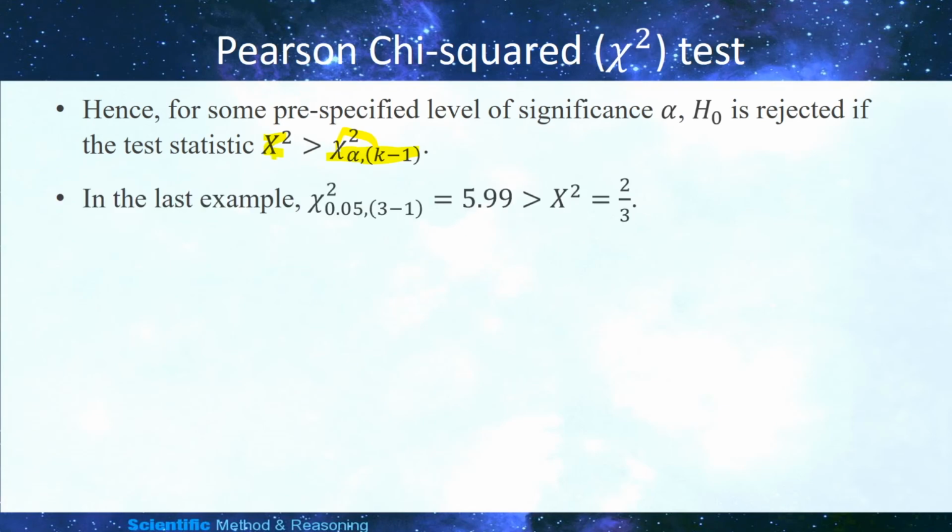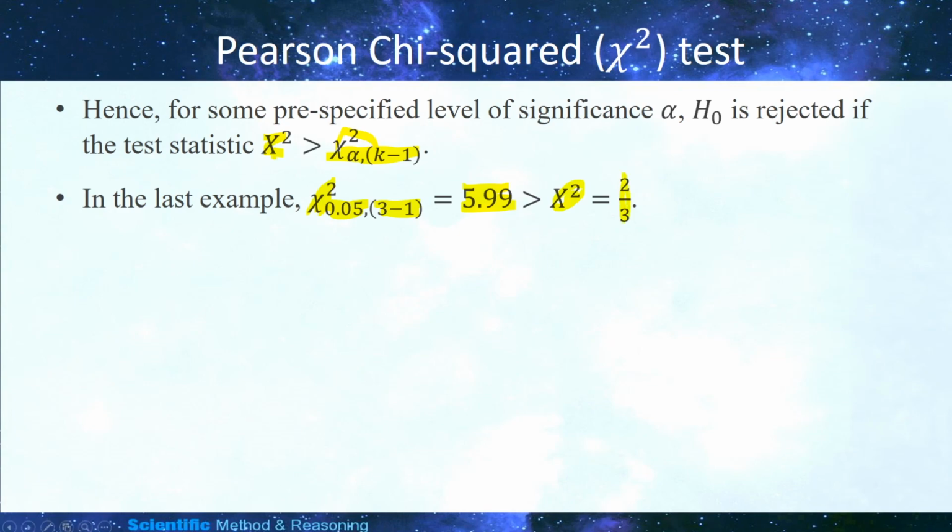In our last example, we have k equals 3. That means we have 2 degrees of freedom in a chi-square distribution with alpha equals 0.05. The critical value is found to be 5.99. It is obvious that the test statistic is only 2/3, which is much smaller than 5.99.